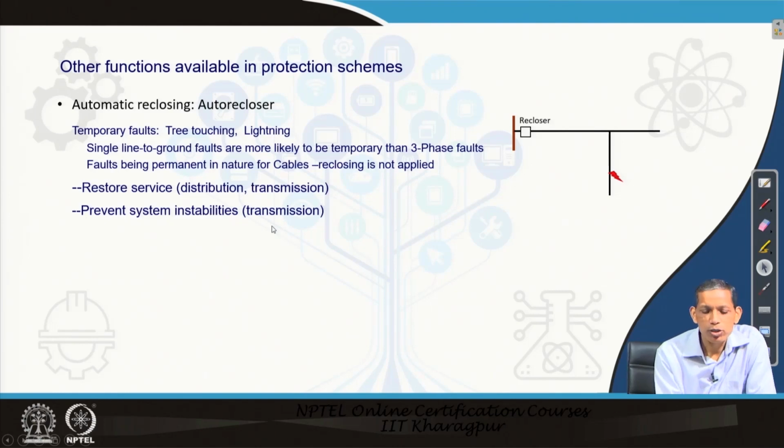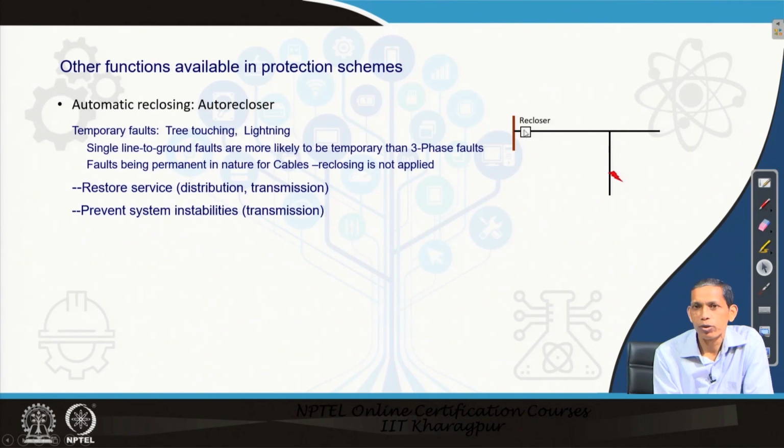The other functions available in protection schemes: see here in this example, we have a fault in this lateral, and then we have a recloser arrangement. Because in an overall line most of the faults are transitory in nature, they remain for some time and then vanish.